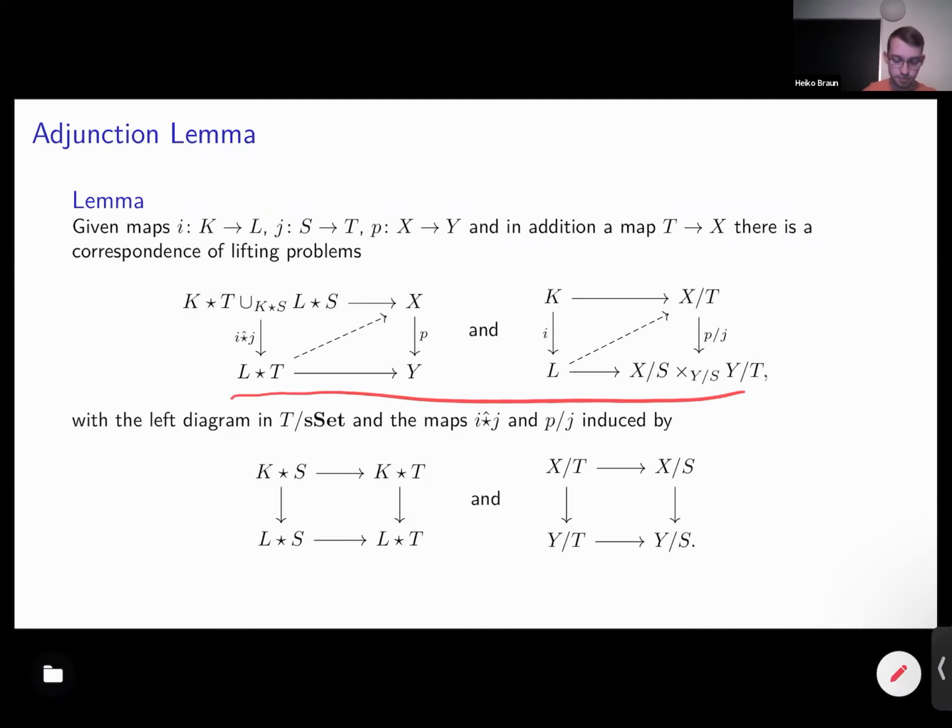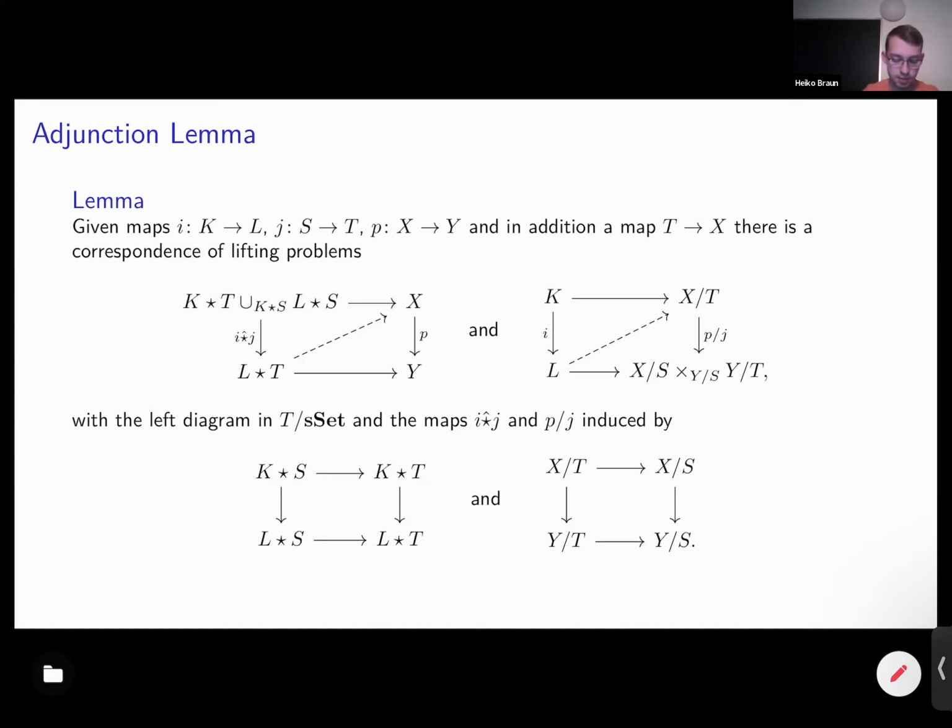And the left diagram lives under T. So this T here is going in there, and it goes in everything. And using the map to X, which is here, we can also go over there. And the lift there, the diagram itself, and also the lift correspond exactly to each other.